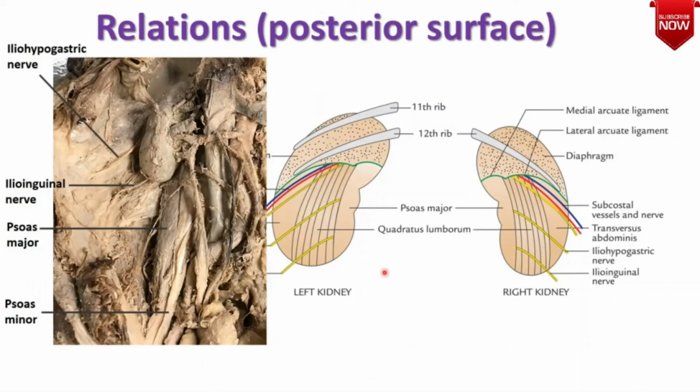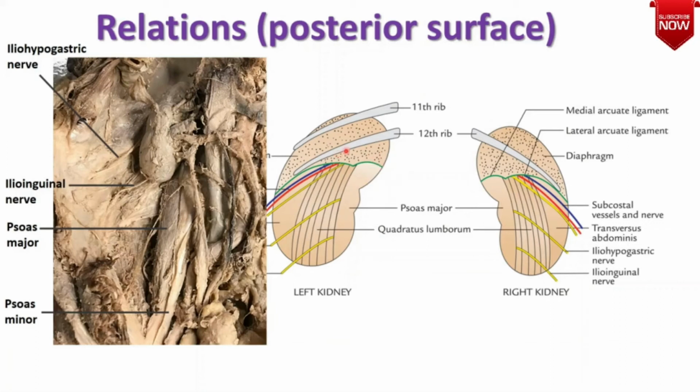The relations on the posterior surface. The relations on the posterior surface are divided into upper and lower part. In the upper part, you can appreciate the relations of 11th and 12th rib on the left kidney, but there is only relation of 12th rib on the right kidney, because right kidney is slightly lower than the left kidney.